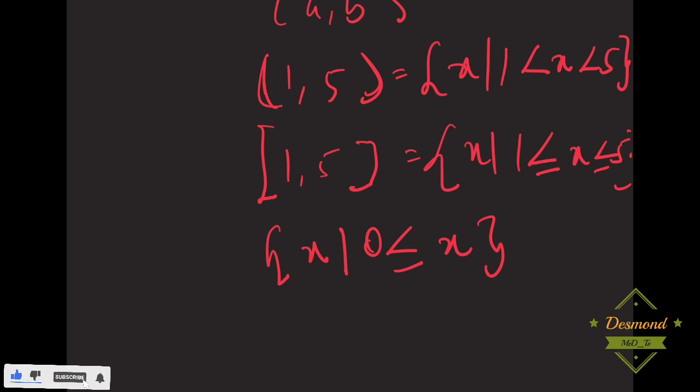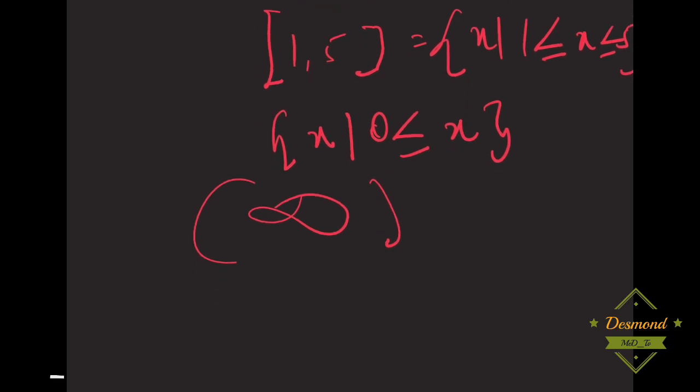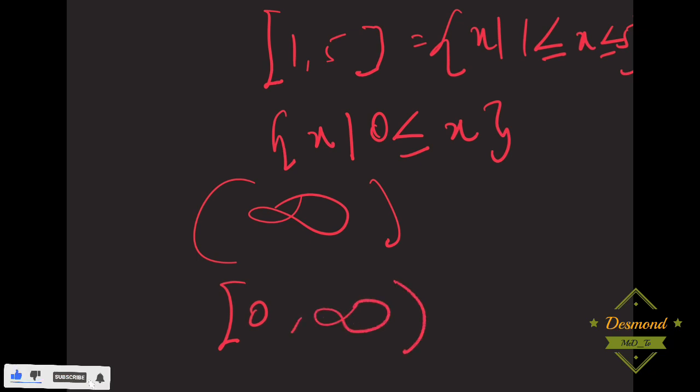Using interval notation, we use the symbol infinity, which we refer to as positive infinity. We could write the set as [0, infinity), which is equal to the set of x such that 0 is less than or equal to x.